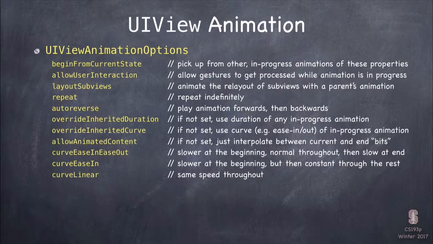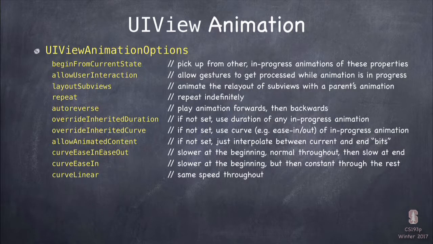Okay, so in other words, is it going to pick up mid-flight and make the alpha go somewhere else? So that's what begin from current state says. Should I look at what the user perceives or is seeing as that alpha, or should I just use the real alpha, which has already been changed to 0?